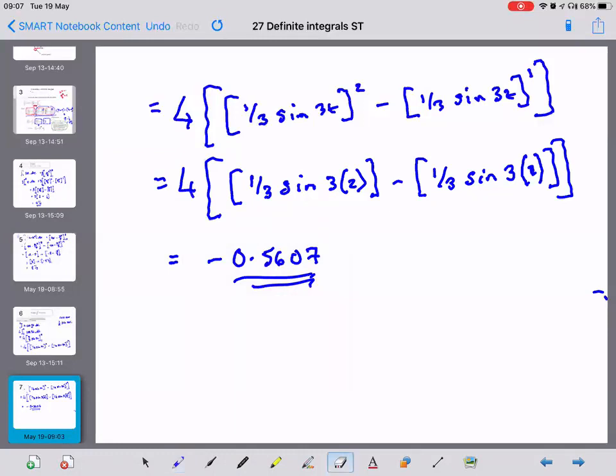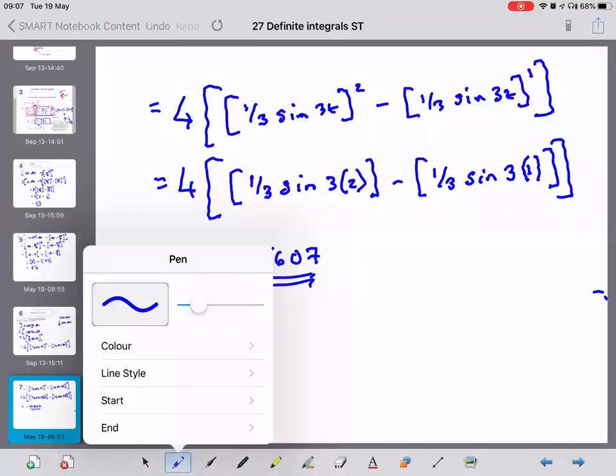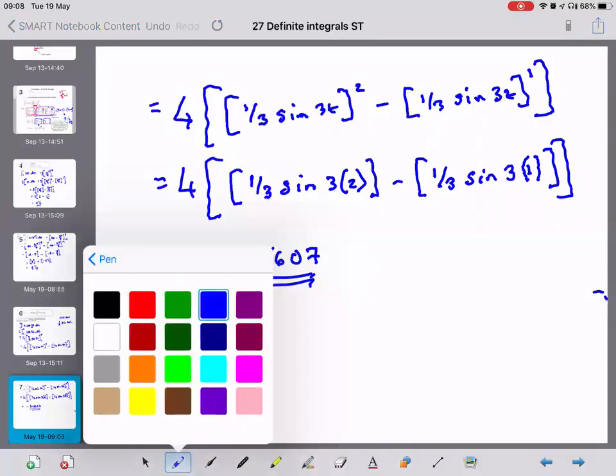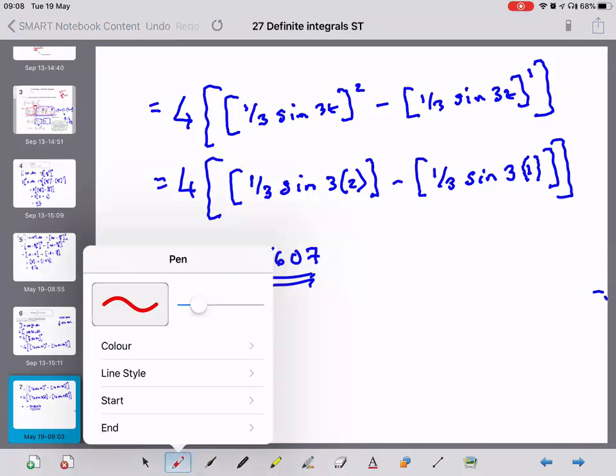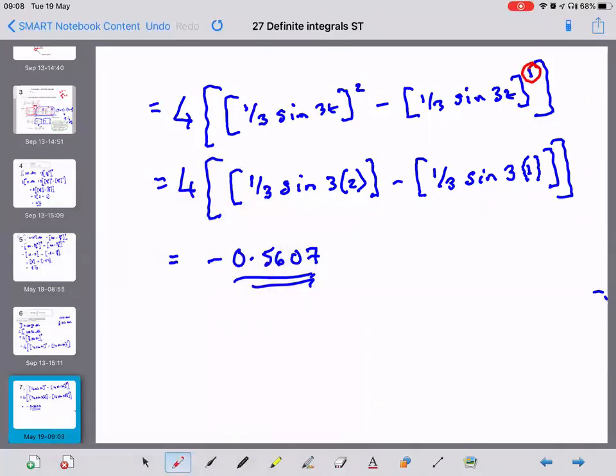Because you're doing a third the sine of 6 minus a third the sine of 6. I apologise. You're putting in this lower limit value 1 in place of t. Yeah, perfect. Thanks. So you should now get minus 0.5607.